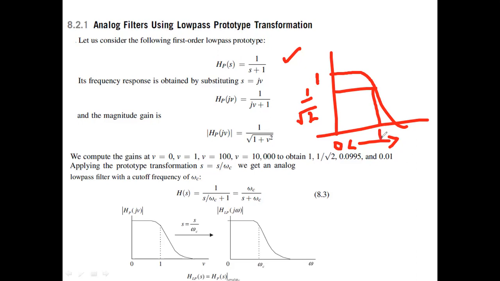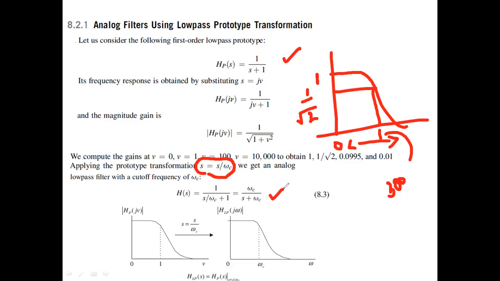What if I want a filter with a cutoff frequency of 300 instead of 1? Why would I want 1? I may want 300, I may want 500, I may want 1000. Worry not. What I have to do is replace S by omega C, which can be 100 or 300, and I get my filter of my choice.